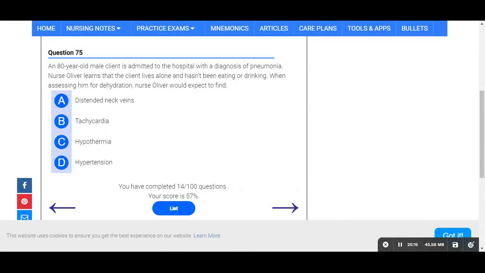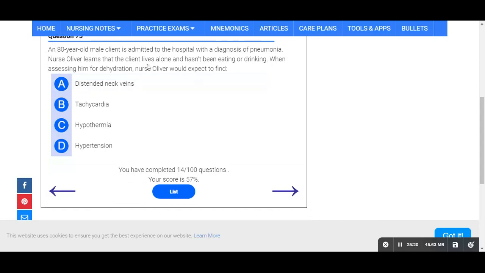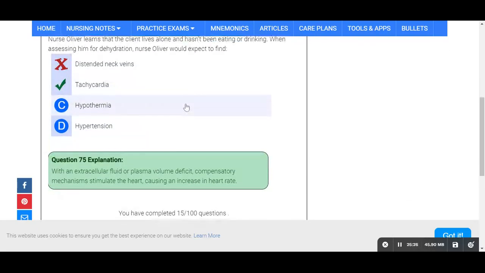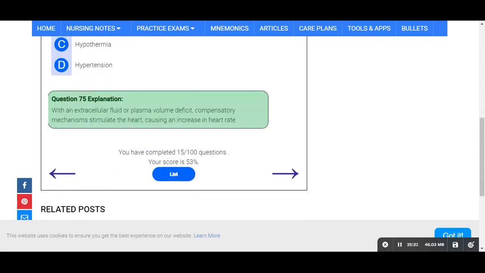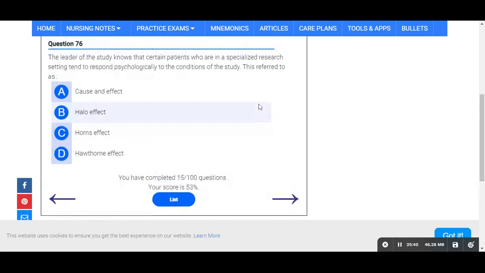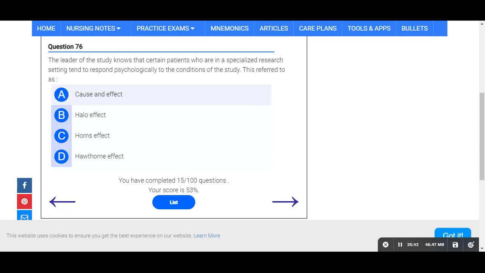So when we are assessing for dehydration, we expect to find distended neck veins, tachycardia, hypothermia, hypertension. So tachycardia is actually the correct answer. With an extracellular fluid or plasma volume deficit, compensatory mechanisms stimulate the heart, causing an increase in heart rate. That is a symptom of dehydration. Never forget.